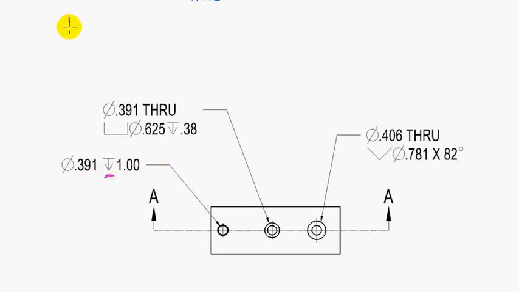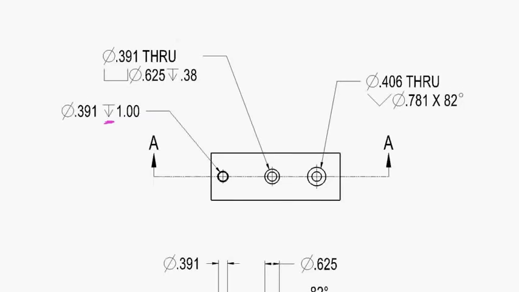This symbol simply means depth. So what this is saying is that we have a 0.391 diameter hole, and it's 1 inch deep. So that means it's not a through hole, where before we saw the word through afterwards.